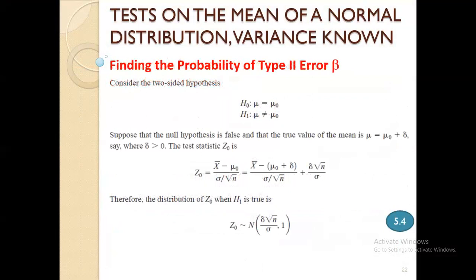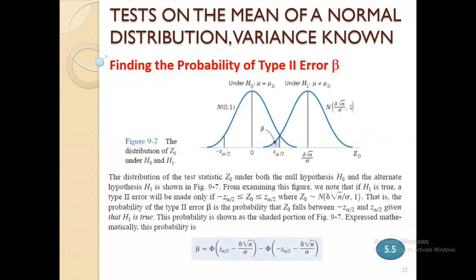And the next step, if you would like to calculate sample size or type 2 error, I will show you the technique to calculate that. The sample size is in terms of beta. Beta is the type 2 error, and 1 minus beta is the power of the test, or power of the hypothesis test. I will show you the equation. It's many slides, but sometimes I did not focus on that.